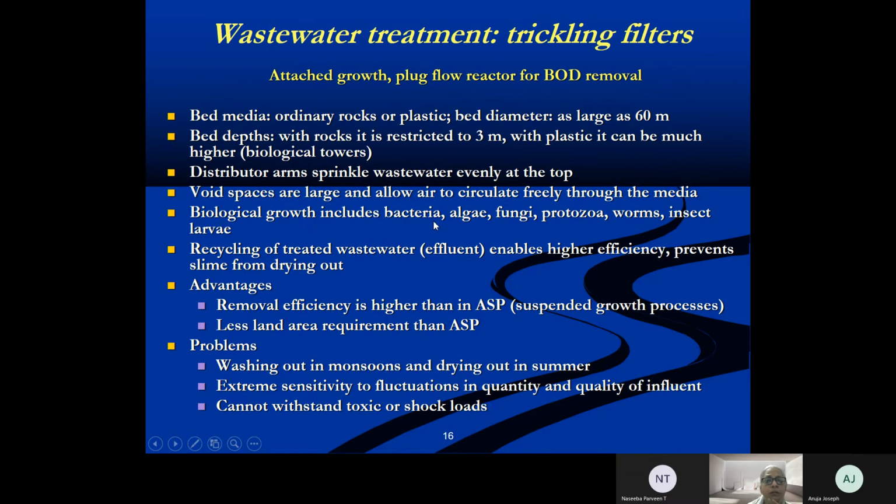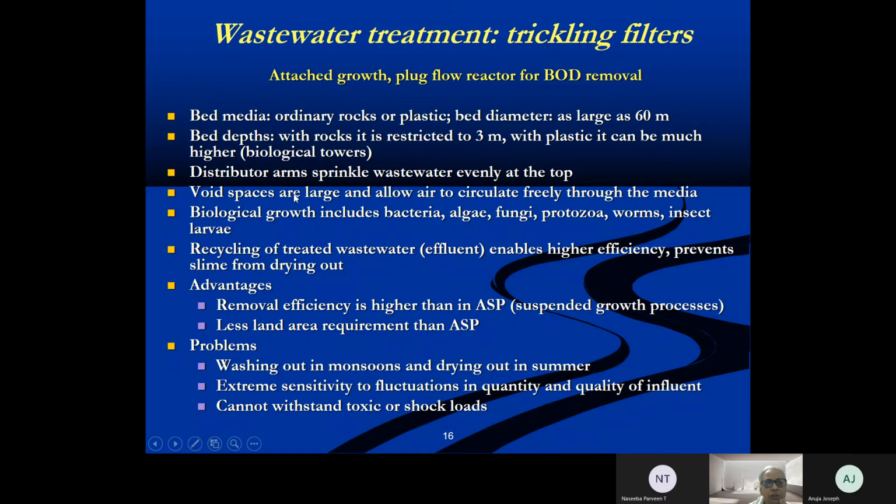These plastic media biotowers have been quite successful in many places, and the biggest advantage of these biotowers is that their footprint is much smaller and you get higher efficiency compared to the rock-based media.